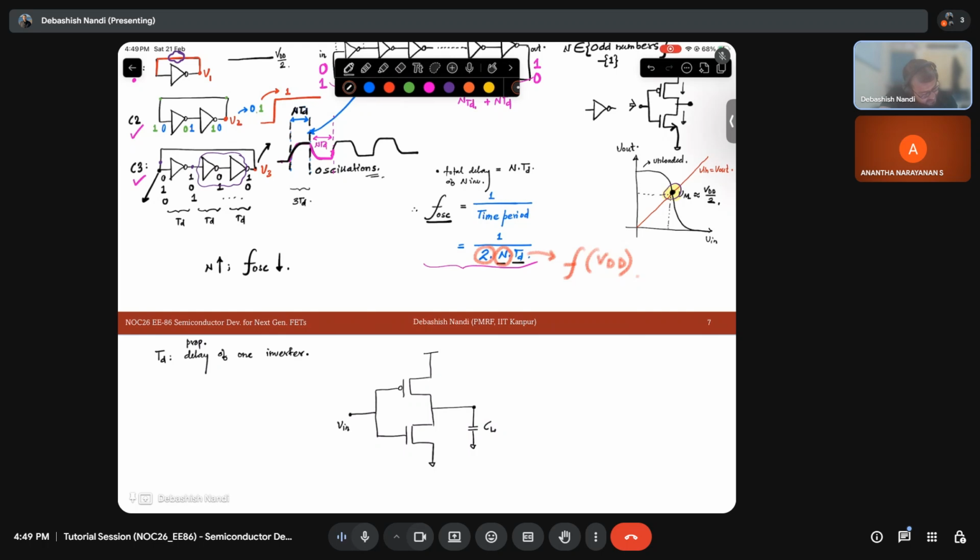This is V in, this is V out, and this is VDD. So now you are increasing VDD. So what will happen to delay? Will it increase or decrease?